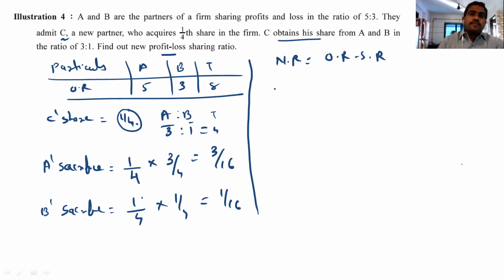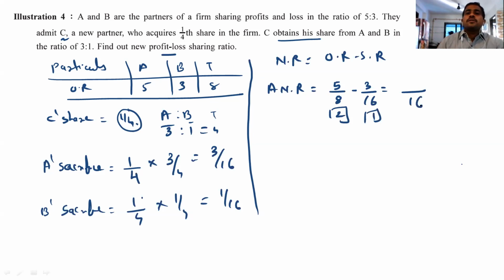The first name comes, A's new ratio is equal to A's old 5 by 8 minus 3 by 16. Again, we have to do the same LCM. 8 2s are 16. So 5 2s are 10 minus 3.